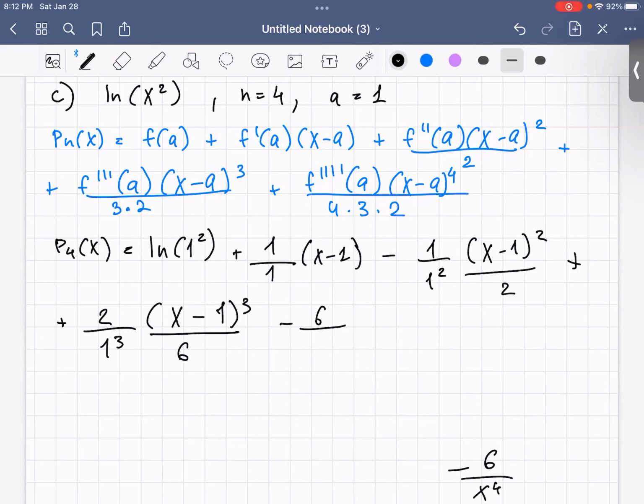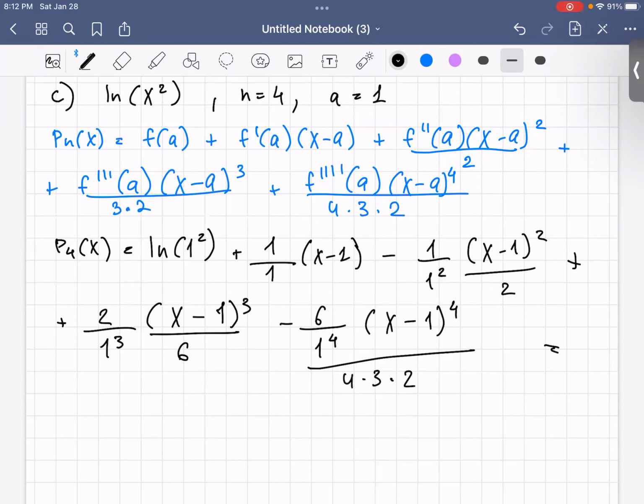Again, our x here is 1. So 1 to the power of 4. x minus 1 to the power of 4, according to this formula, over 4 times 3 times 2. And so to organize it a little bit, we're going to have 0 plus x minus 1, because this is just 1, it cancels out, minus 1 times this number.